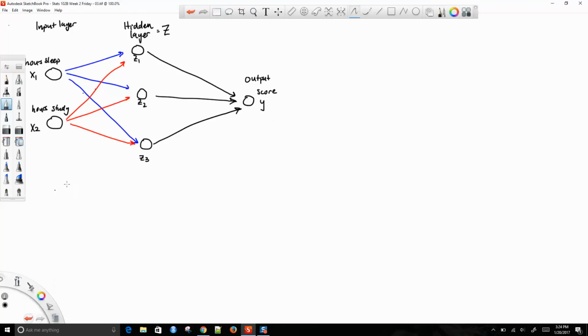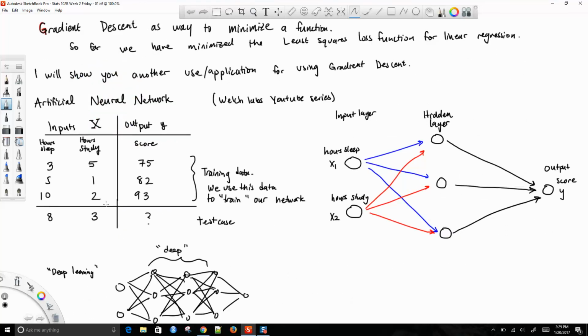If we think about what X is, our X's we can treat as a 3x2 matrix.